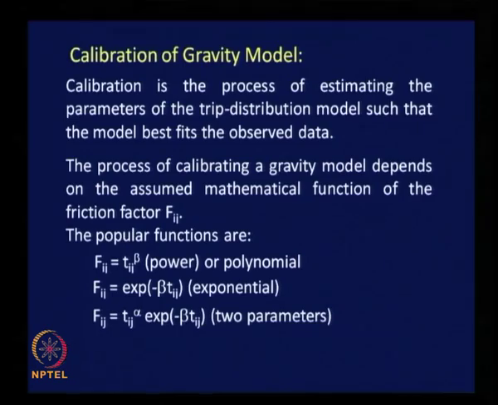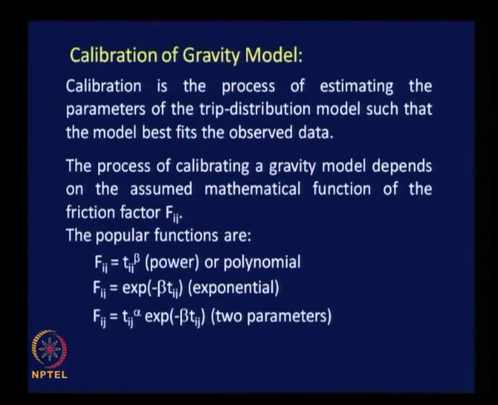So the effect of frictional resistance will be explained in different forms depending upon the field condition. That is why they are given different alternative forms, even though in most cases the polynomial form might suit, but there are other alternatives available, so that depending upon the need you can try the other functional forms too.